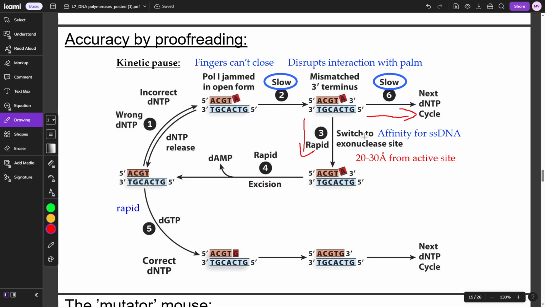Switching out to the exonuclease is much faster than continuing to try and wait for the next dNTP. So you're far more likely to end up with this exonuclease activity than to get that A stuck next to that C and move on to the next dNTP cycle. Because this step is so slow, the exonuclease step often dominates when you've added an incorrect base, because it's so much faster.